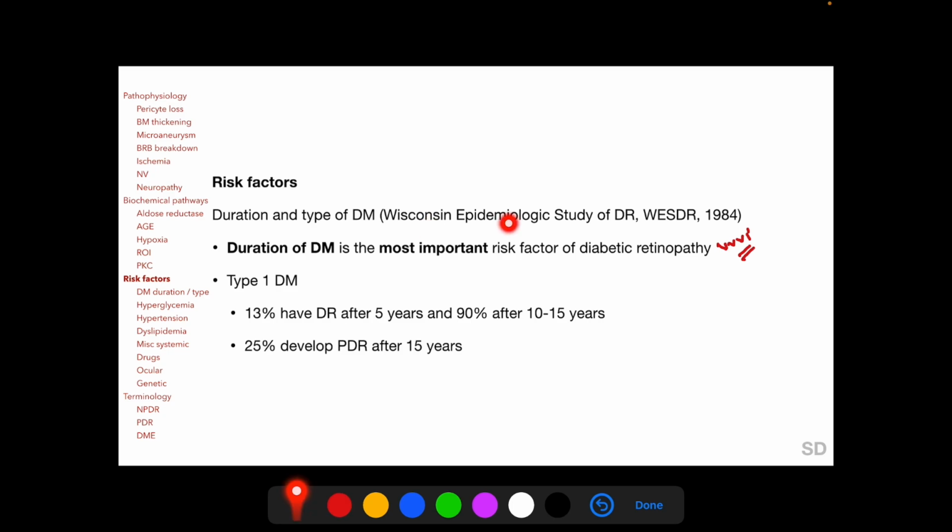The Wisconsin Epidemiologic Study of Diabetic Retinopathy, or WESDR, which was a cross-sectional study and not a longitudinal study, found that among patients with type 1 diabetes mellitus, in patients who had more than 5 years of diabetes mellitus, 13% had some form of diabetic retinopathy, and this figure increased to 90% in patients who had diabetes mellitus for more than 10 to 15 years. And among patients who had diabetes mellitus for more than 15 years, 25% had proliferative diabetic retinopathy.